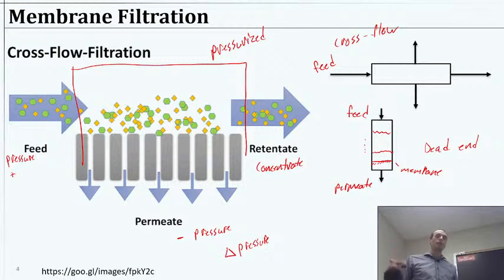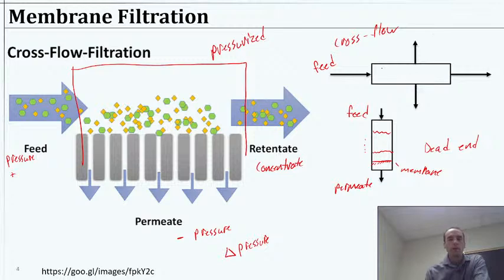Because again, it doesn't really matter, like I said a moment ago, if we were to draw that here, or if we were to draw the retentate like that, what matters is what's crossing the membrane. So if we draw the membrane in this little diagram, and it's pretty common to do it this way, we just have to look at what has crossed over that membrane in the system, right? So in this case, the stuff that did not cross is going out here. So that would be the retentate.